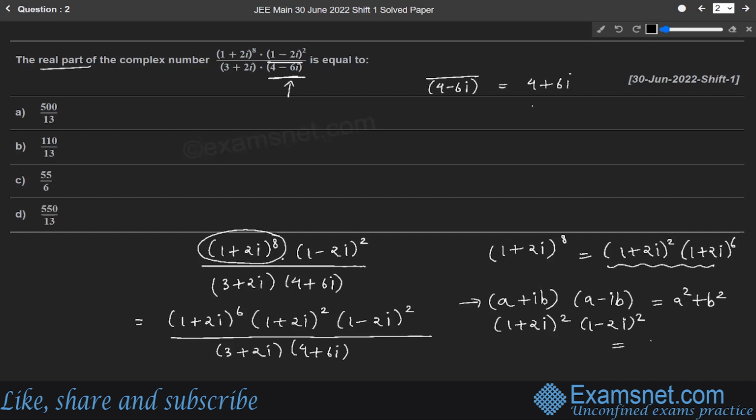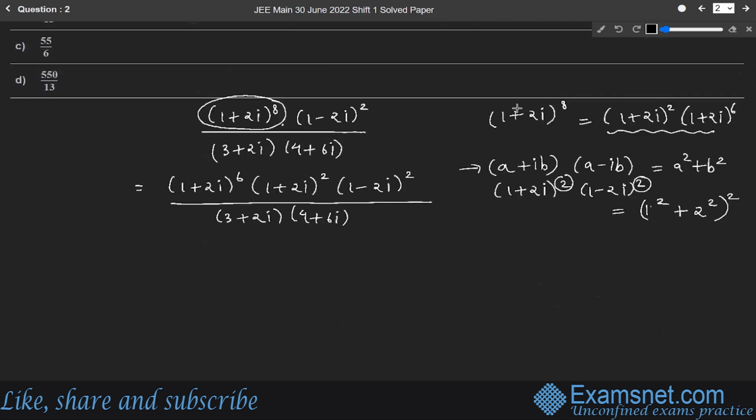What is a? A is 1. So 1² + b². What is b? 2² and whole square, since here we have square in the powers. So therefore, it will be equal to (1 + 2i)^6. Now both these terms can be written as (1² + 2²)² divided by, when we multiply the denominator, 3 into 4 is 12. 3 into 6i is 18i.